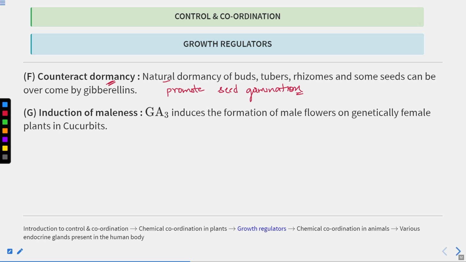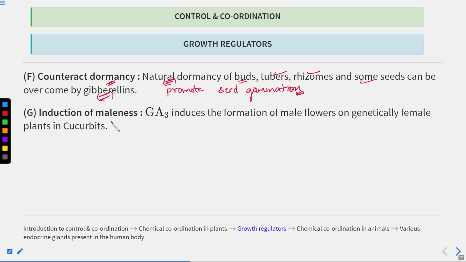The natural dormancy of buds, tubers, rhizomes, and some seeds can be overcome by gibberellins. I've already told you, when gibberellins are applied to the seeds, buds, or tubers, a chemical messenger is produced. Then this chemical messenger interacts with other molecules present in the cell, and finally it leads to seed germination.